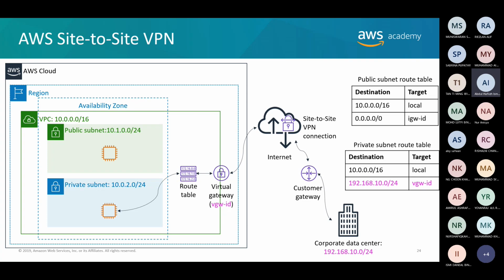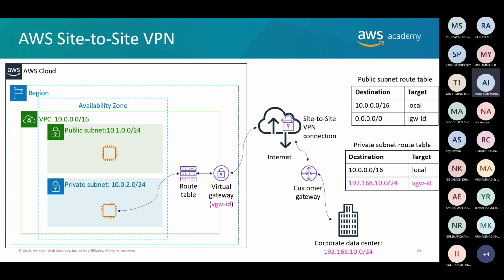So by default, instance that you launch into VPC cannot communicate with a remote network. To connect your VPC to your remote network, that is create virtual private network or VPN connection.